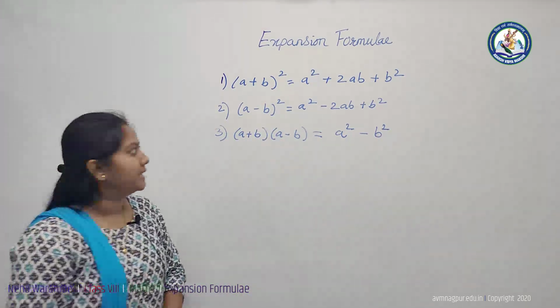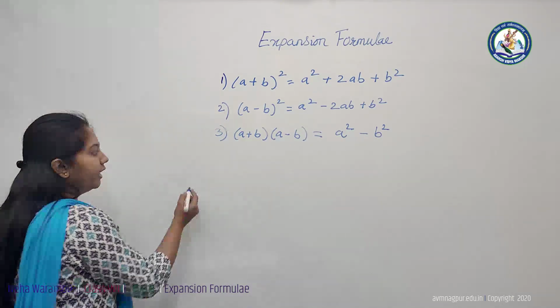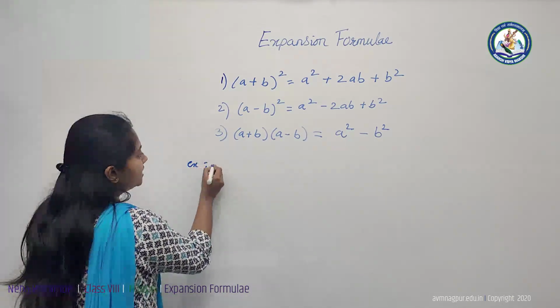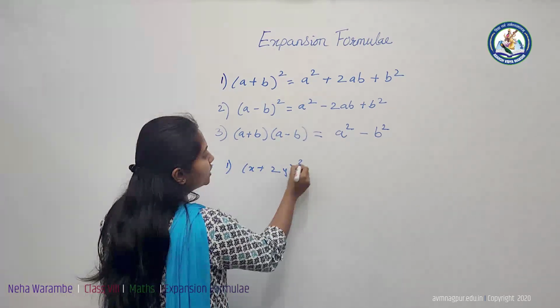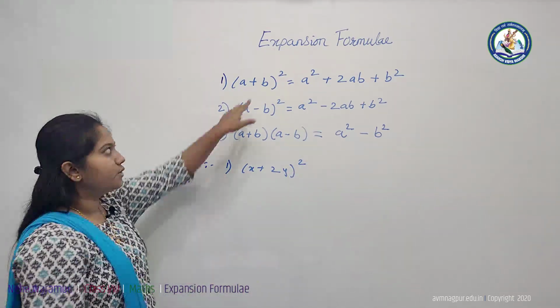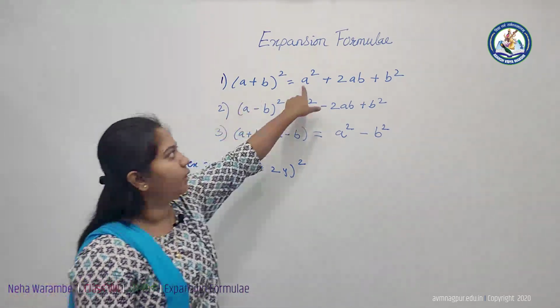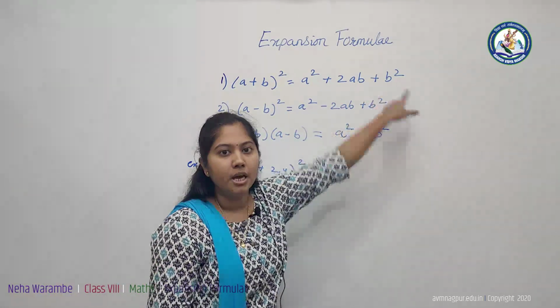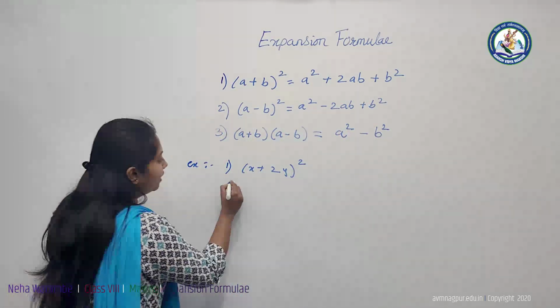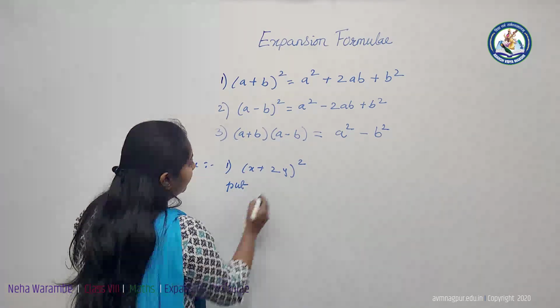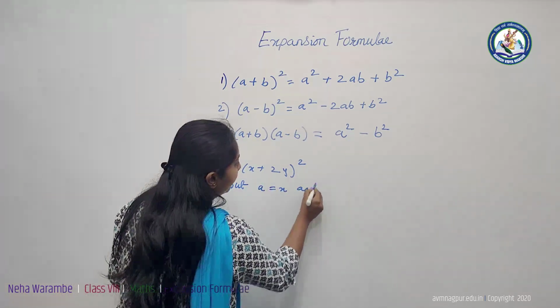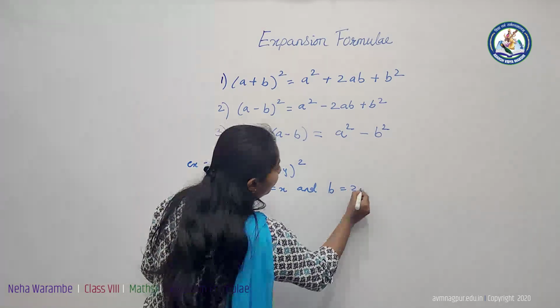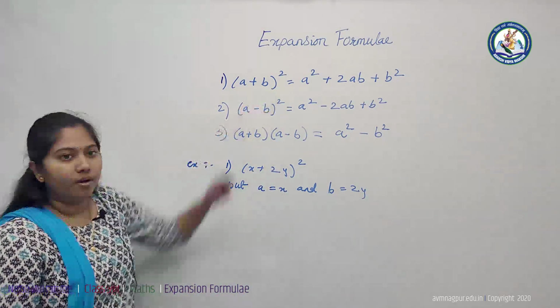Let's see some examples based on these formulas. First one is (x + 2y)². Now we know the formula (a + b)² = a² + 2ab + b². Now put the values: a = x and b = 2y in this formula.